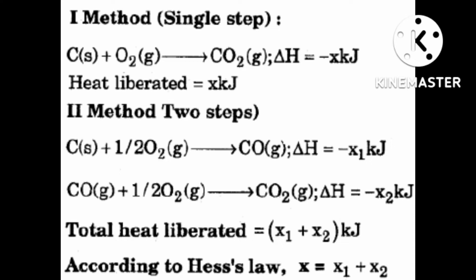Hence C4H10 plus O2, both will react, and after the reaction it will form two products. Already I told you what the two products are: carbon dioxide plus water. Water means H2O, liquid.